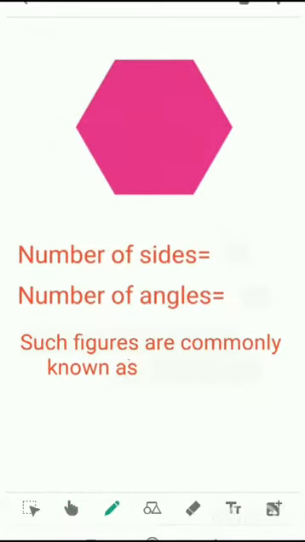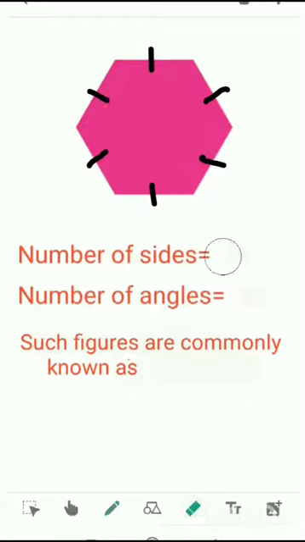This is an activity. A figure is given here. We have to find the number of sides, angles, and the name of such figure. First of all, we have to find the number of sides. How many sides does the given figure have? 1, 2, 3, 4, 5 and 6.